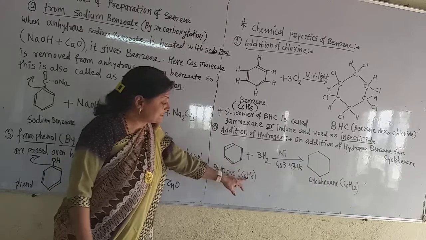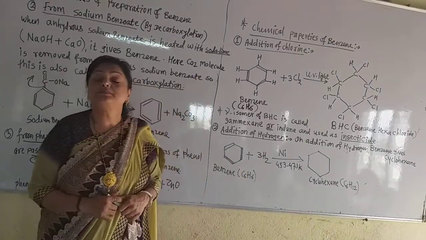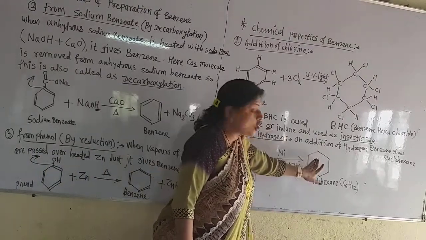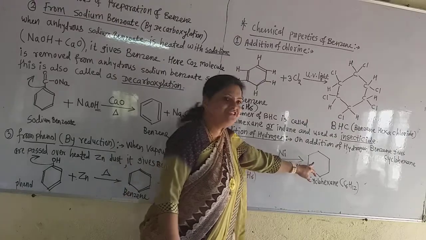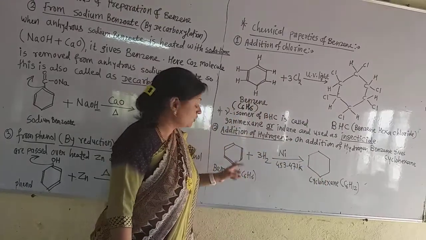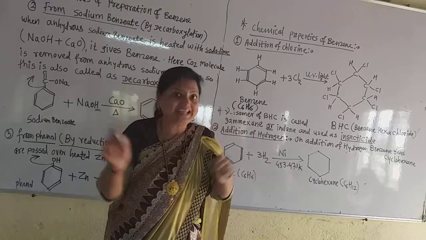Now there are already 6 hydrogen atoms, and again we add 6 hydrogen atoms, that means 12. So benzene is converted into cyclohexane. Now this is not benzene because there are no alternate single and double bonds as in benzene. All single bonds. So it is cyclohexane.